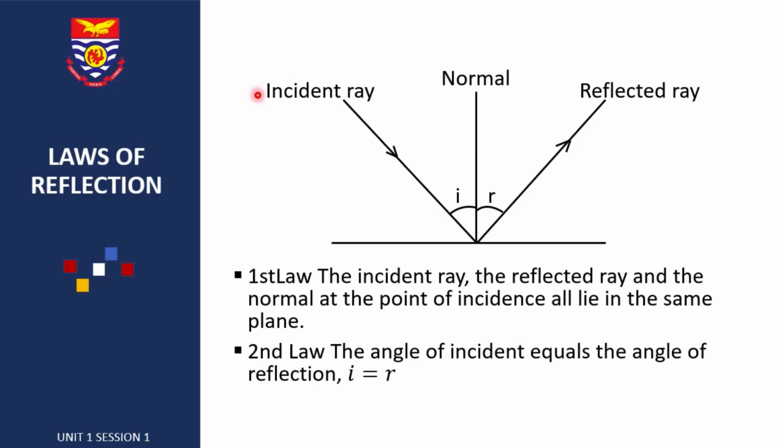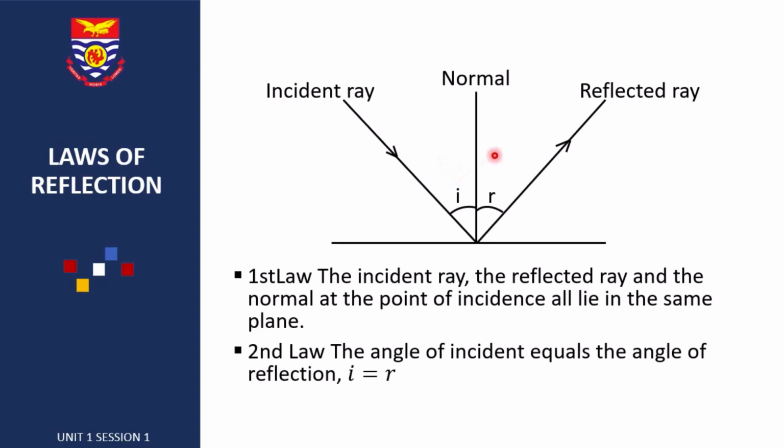Let me use a laser pointer here. Great. So we have an incident ray here, a reflected ray here, and a normal. This normal is always perpendicular, that is 90 degrees, to our plane surface here. And always, the incident ray makes an angle, which we call the angle of incidence, to the normal here.